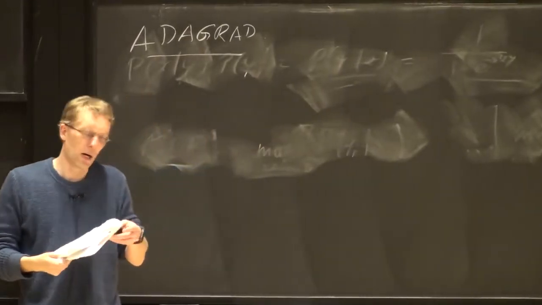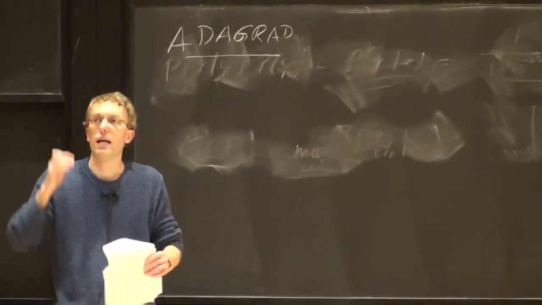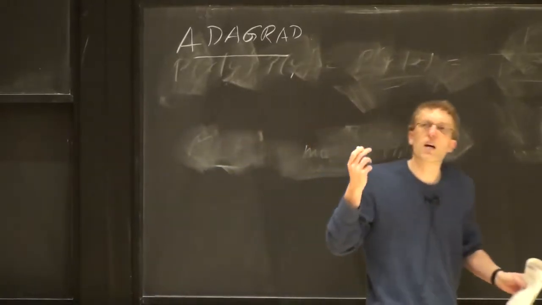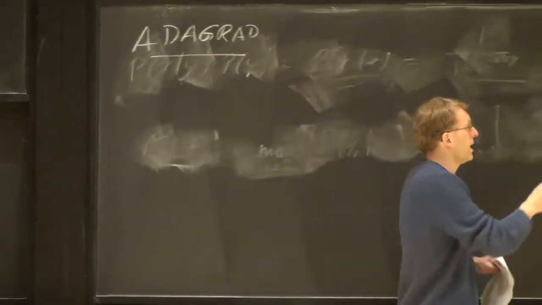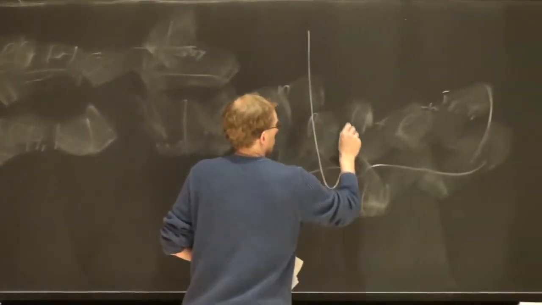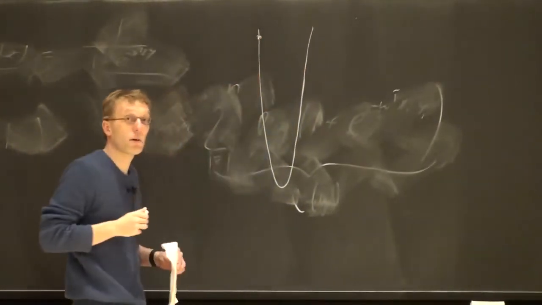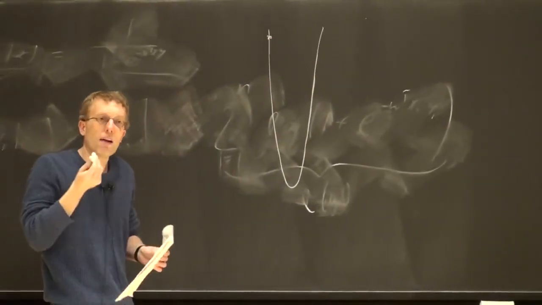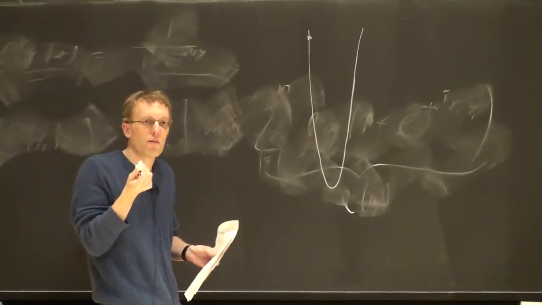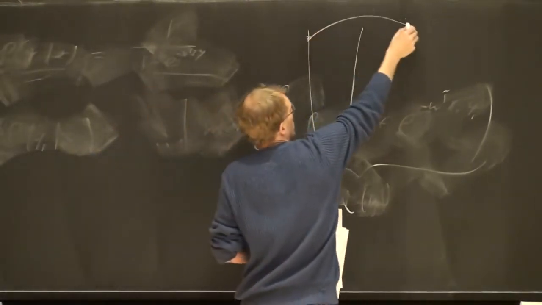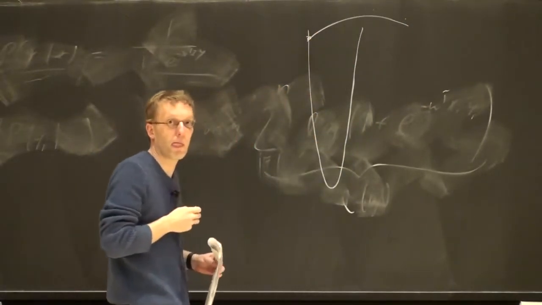Here's how it works. It depends really on what your function looks like. If your function looks like this, and you're here, you want alpha to be very, very small, because if alpha is too large, you're going to jump over this thing here.